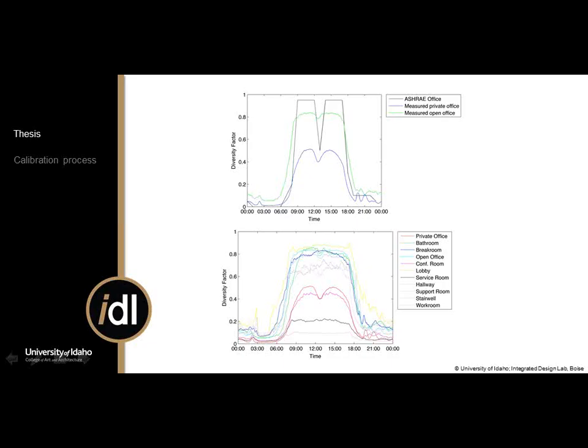So what's a diversity factor and how does that work? A diversity factor is a fraction between 0 and 1, which tries to take into account the variability of equipment in the energy simulation model. For example, in my research in scheduling, it's trying to vary the people that go into the building.